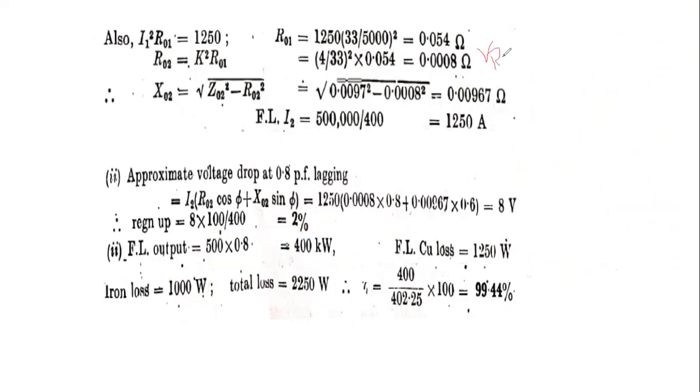Percentage voltage regulation is equal to I2 into R02 cos phi 2 plus or minus X02 sin phi 2, by V2.